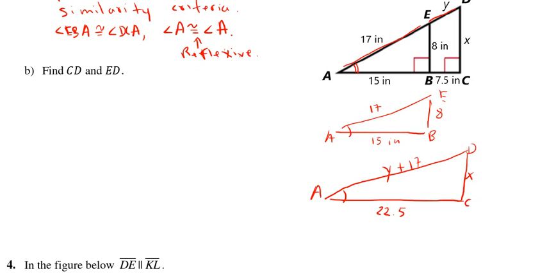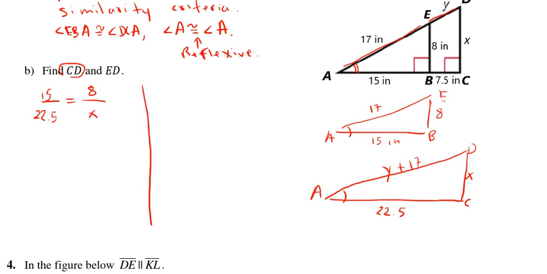And now, using what we learned about similar triangles, and actually any similar figures, have sides that are proportional. So you could set up a proportion to find the missing side. For example, if you want to find DC or CD, you could use a proportion. We know the 15 corresponds to 22.5, so we could say 15 over 22.5, and then the 8 corresponds to the x, and you solve that proportion.